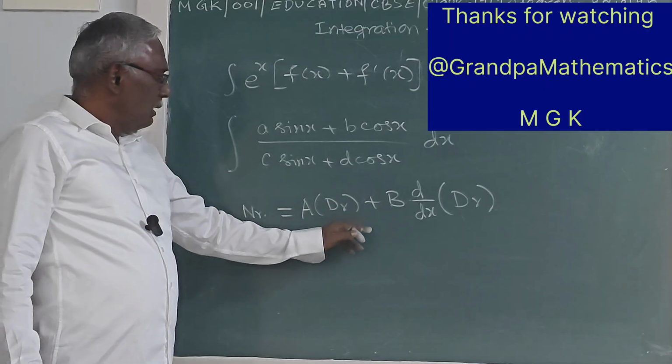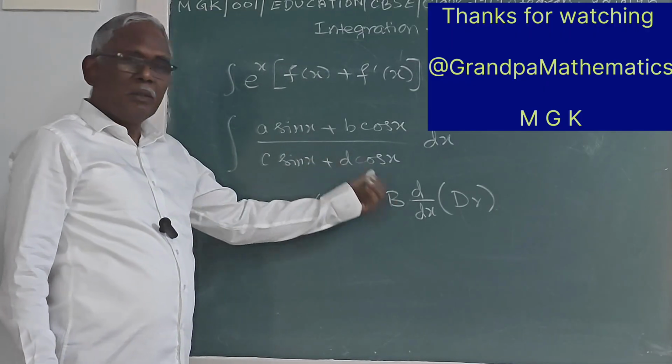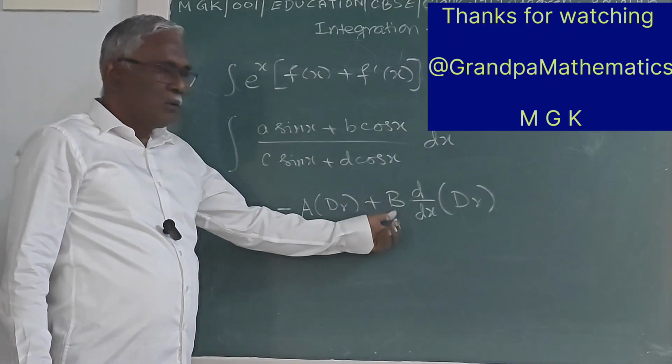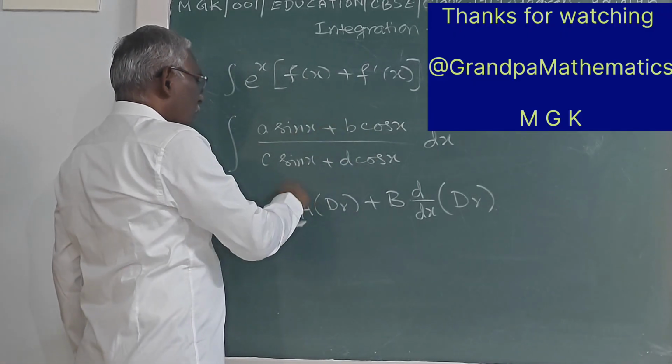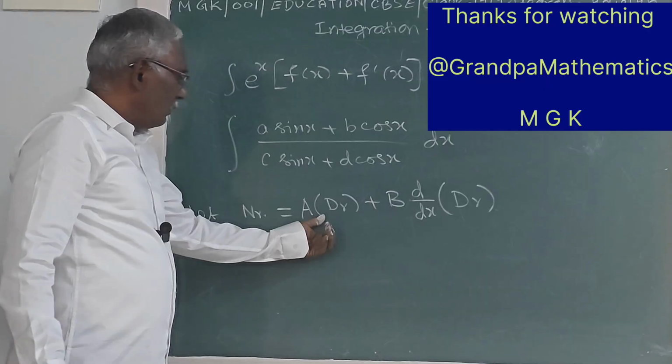When you do this and equate the coefficients of sin x and cos x, we will get the values of A and B. Then this can be written as a sum of two integrals.